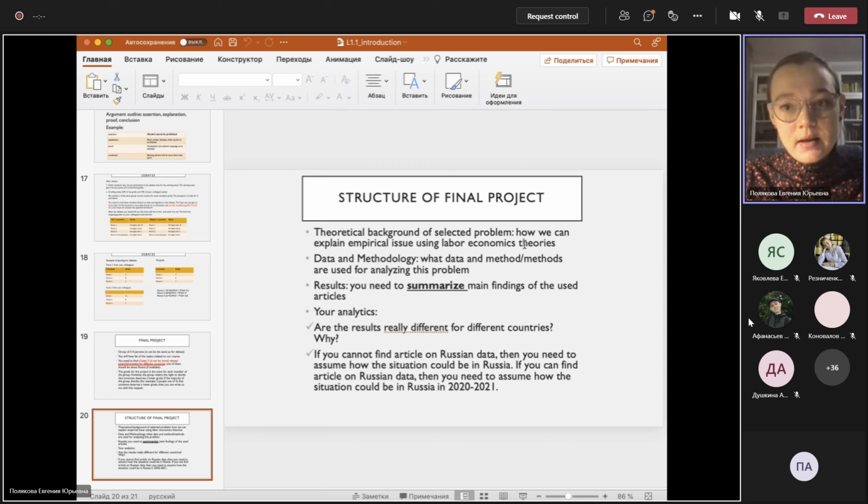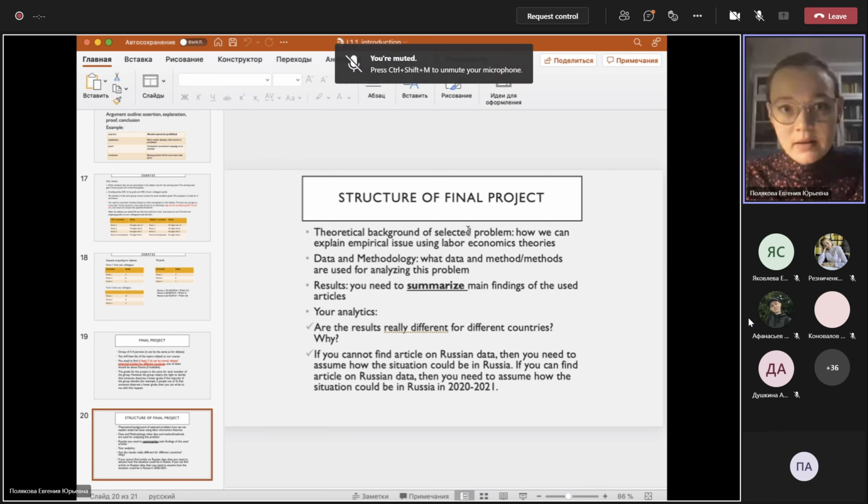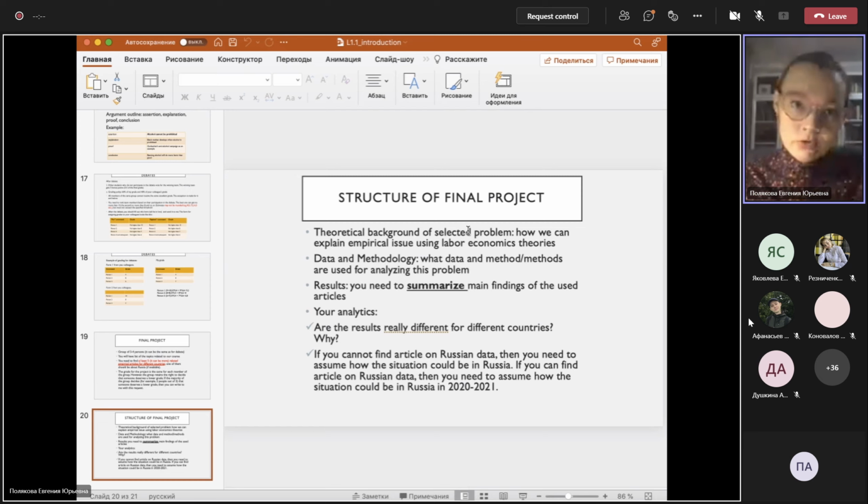If you decide that your topic can be explained by these theoretical models, in this part you just explain these theoretical models that we learned during the lectures. During the lecture, I always write in what part of the textbooks you can find more information about this theory.